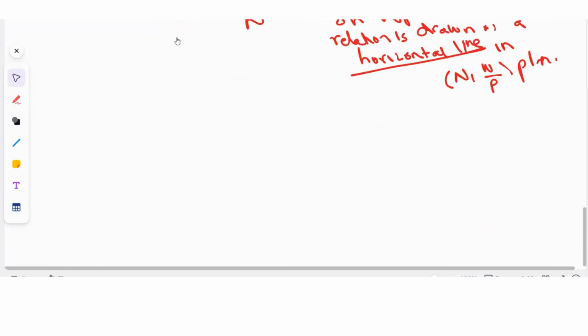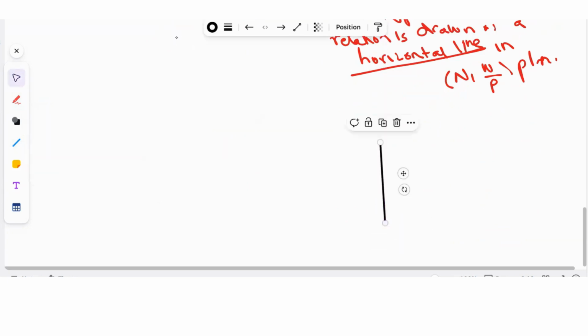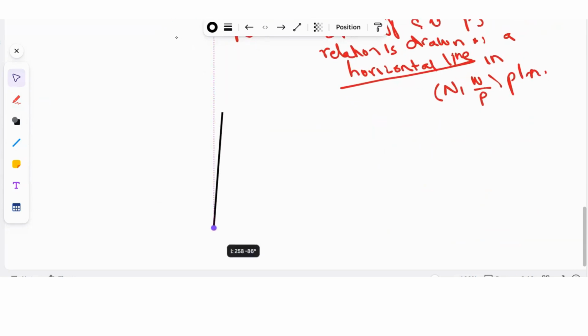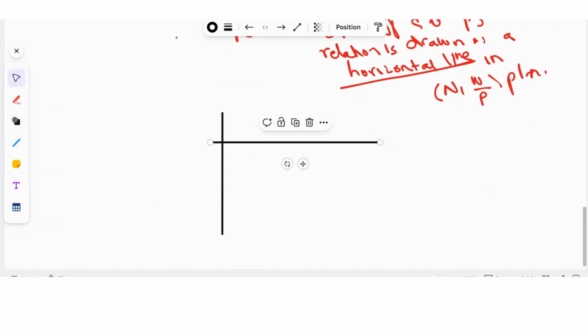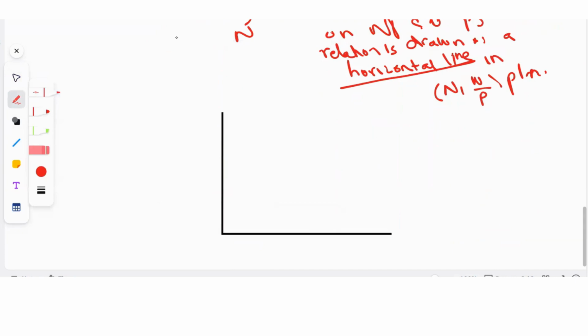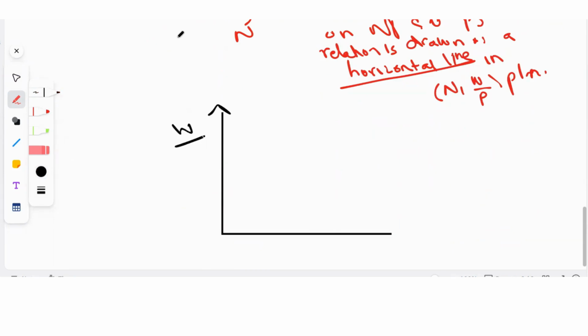So now let's just put it all together and plot it. On the vertical axis we have W by P, the real wage, and on the horizontal axis we have the level of employment n.